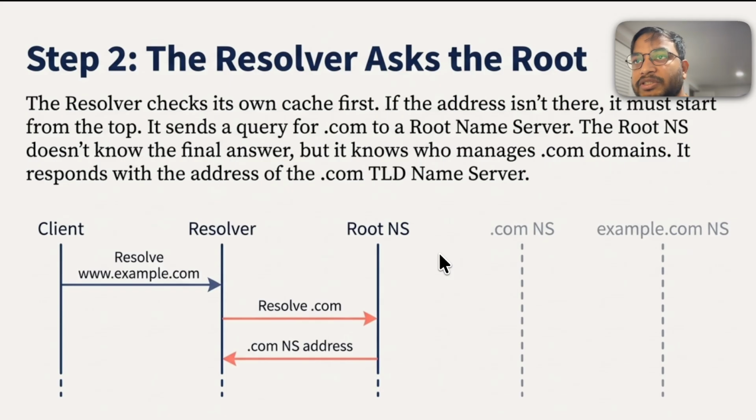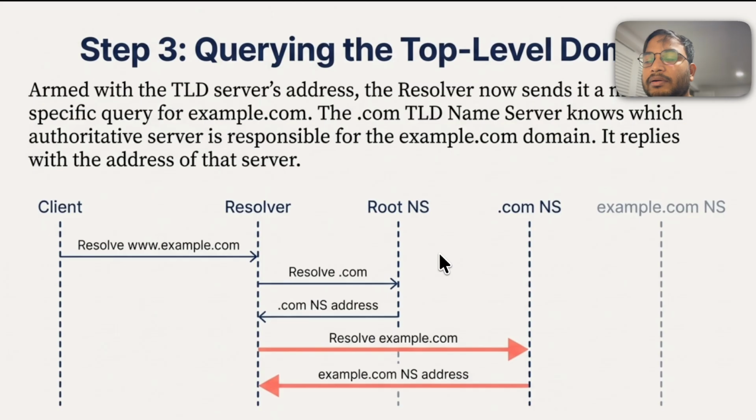If it finds the information for example.com, good, it returns it to the resolver. If not, it goes to the .com name server and says, I couldn't find example.com, do you have example.com information? The .com name server looks into its own cache and tells it where example.com might be recorded, which is the authoritative name server.